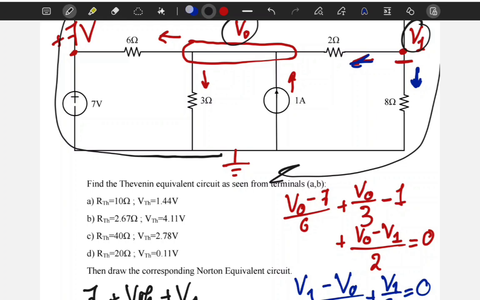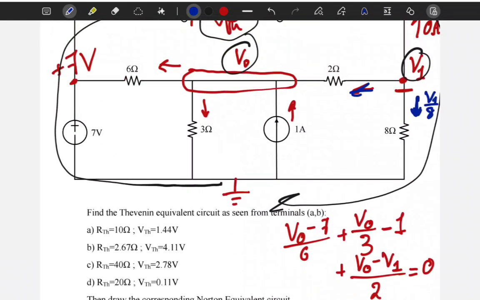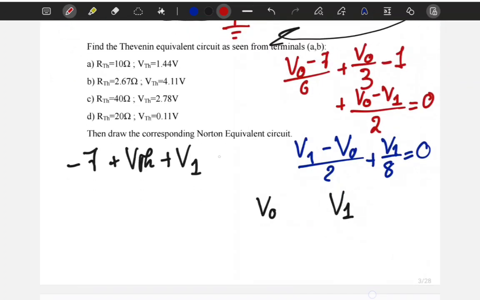The current right here is V1 over 8, and then you multiply it by 8, which is back to V1. If you don't see that the voltage at this node is plus V1, you could do the current multiplied by 8 ohm to find this voltage, right? This is all going to be equal to 0, so we find Thevenin is equal to 7 minus V1.